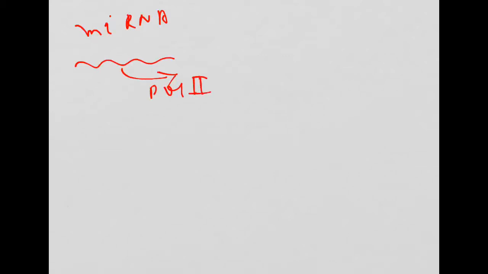So let's see what the miRNA is and how it acts on the cell in order to induce the gene silencing mechanism. Your miRNA is produced whenever a gene is transcribed by polymerase II enzyme to produce an mRNA molecule.